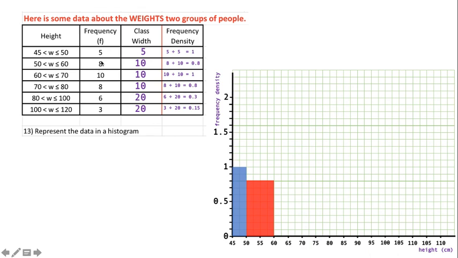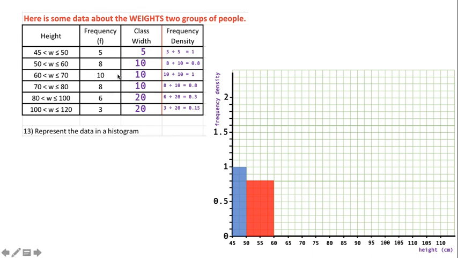The red bar is 8 people. The blue bar is only 5 people. So although the blue bar is higher, the area of the red bar is bigger, and it's that red area that's representing the 8 people, not the height. So the red bar is smaller in height, but it has a bigger area, and that area is the important thing that corresponds to the number of people.